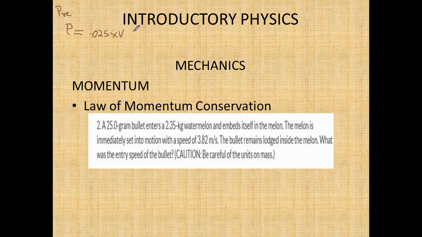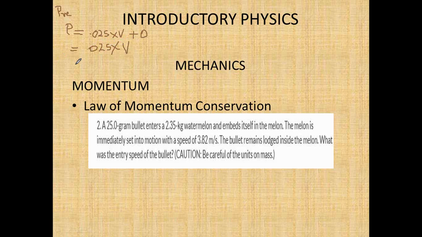So when you multiply the mass of the watermelon times its velocity, because it is at rest, you get 0, because anything times 0 is 0. So this is the pre-collision momentum. It is 0.025 times v, and v is the entry velocity, or the speed of the bullet.